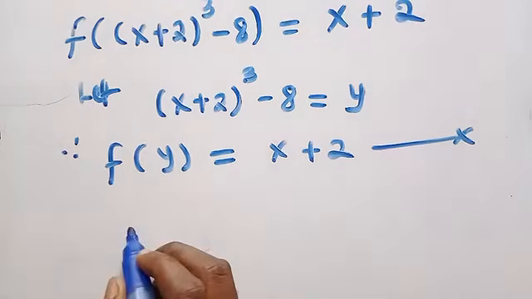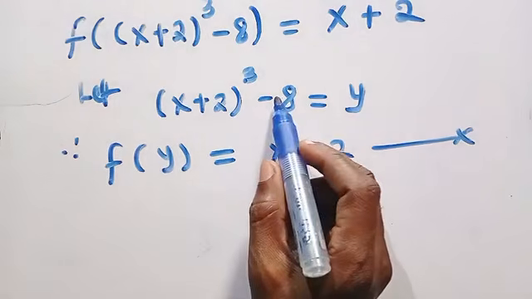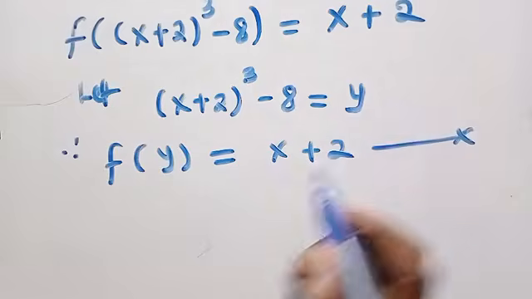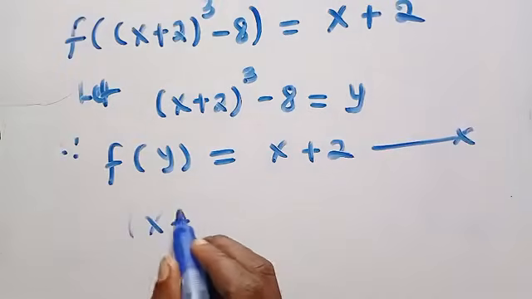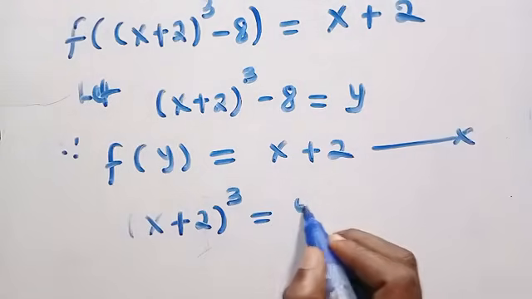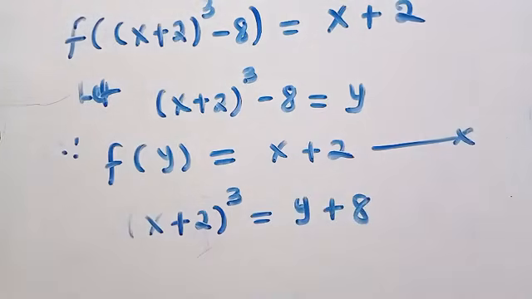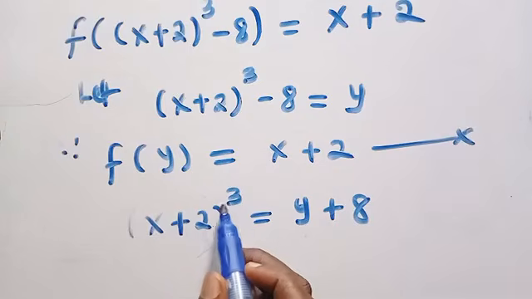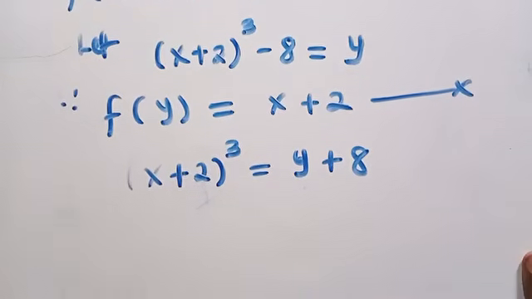By doing that, we have to transfer minus 8 to the other side, as we have x plus 2 raised to the power 3 equals y plus 8. And here is 3, so we have to take the cube root of both sides.